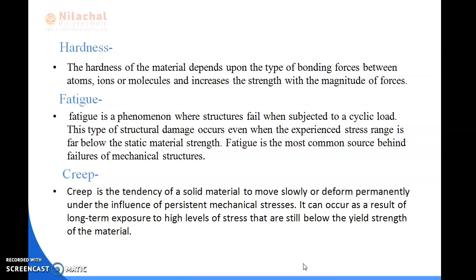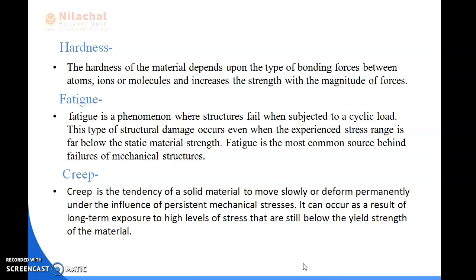The rate of deformation is a function of the material's properties, exposure time, exposure temperature, and the applied structural load. It depends upon these four: the first is material properties, the second is exposure time, the third is exposure temperature, and the last is the structural load of the material.